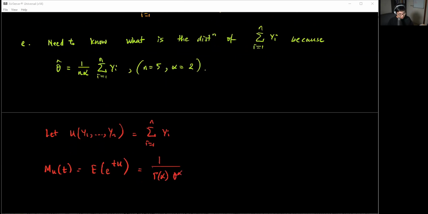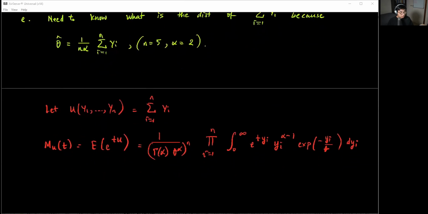Theta alpha to the n, expectation, y alpha minus 1, exponential of minus y over theta dy.